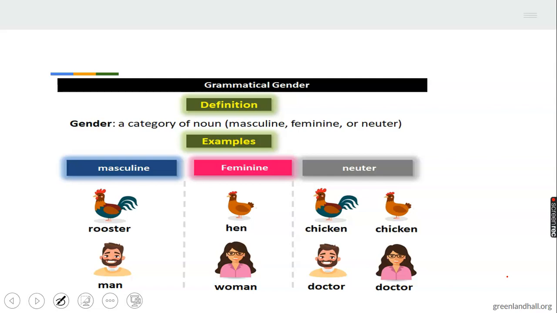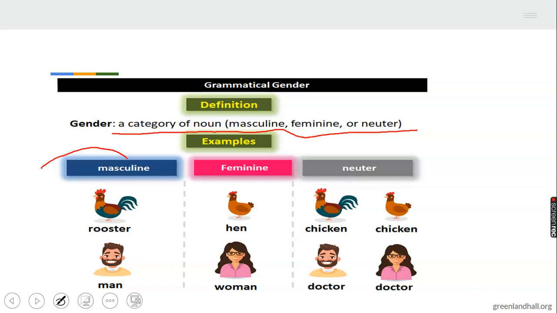Okay, now let's look at the simple one. Gender can also be referred to as a category of noun, such as masculine, feminine, or neuter. I'll be telling you what neuter is all about. Now, masculine, like we mentioned earlier, has to do with the males, the boy, the man, all the things that represent male.